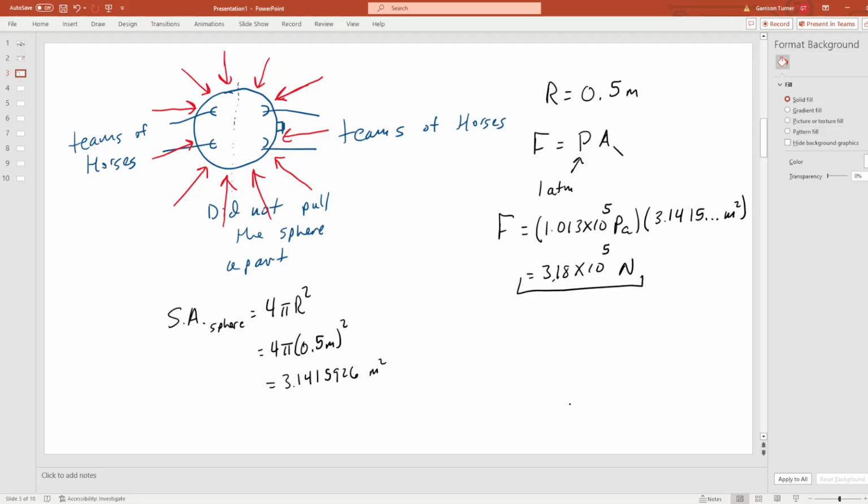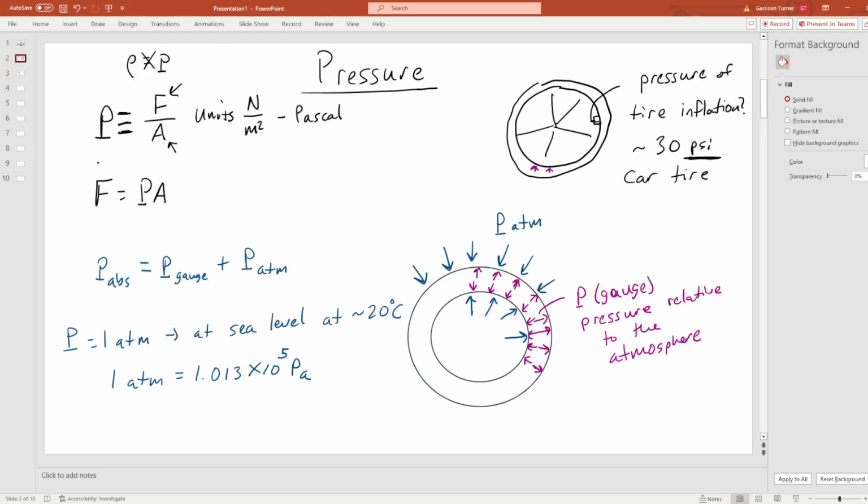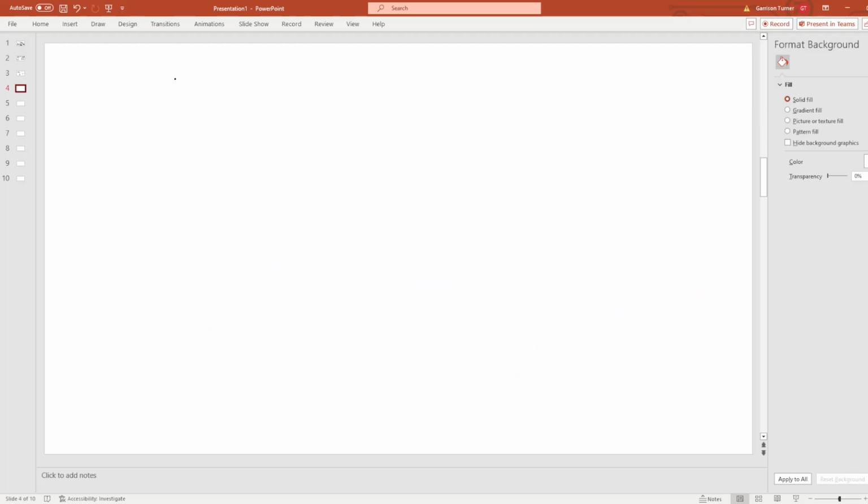So this whole idea of pressure, being force per unit area, is also why things like knives and needles work. When you cut something with a knife, your blade has a very, very small area to it, and the sharper the blade is, the smaller the area, right?